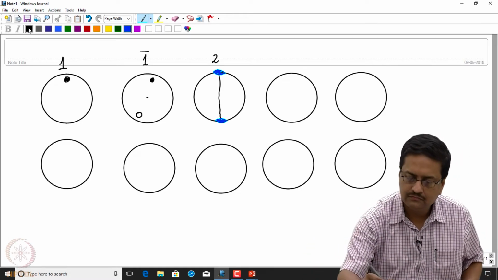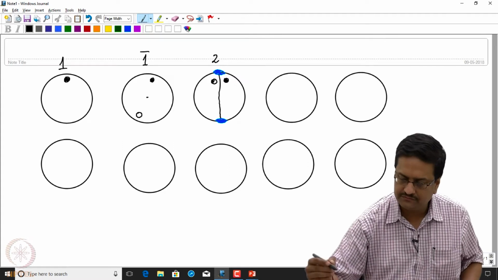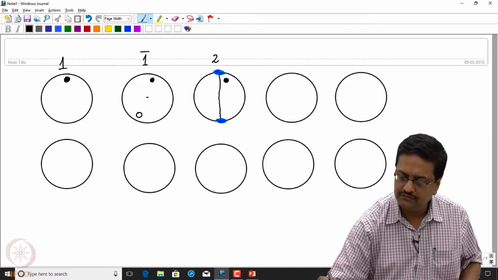So the closed circle on the right becomes an open circle on the left by this twofold axis.